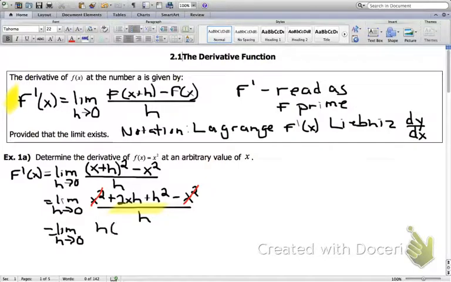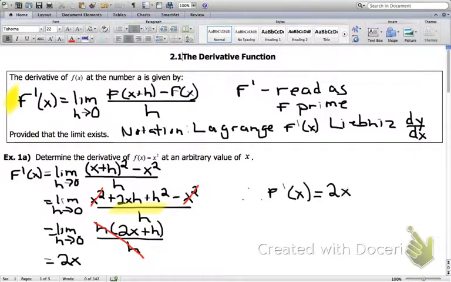And when we factor out that h, we're left with 2x plus h all over h. And now those h's will cancel one another out, leaving us with 2x. So our f prime at x is equal to 2x. Note that this is also the slope of our tangent.